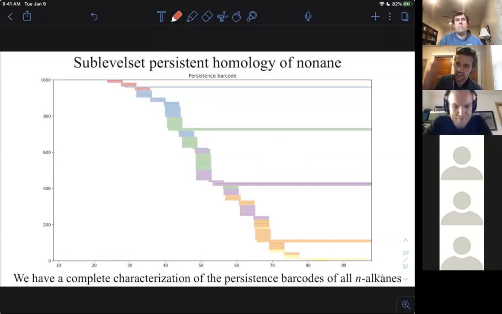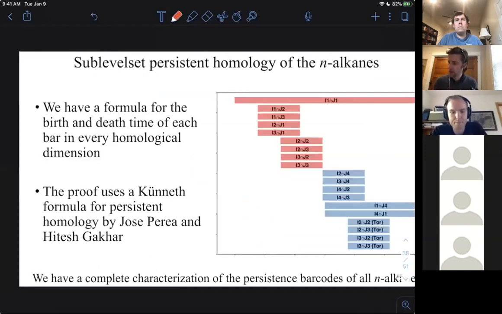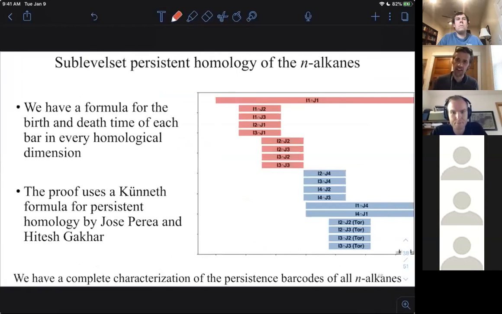This is a really analytical, simple energy landscape, not taking into account interactions between non-bonded atoms. Let's try to mathematically describe it. We were able to give a proof, in this analytical case, of the bars for any number of carbons.